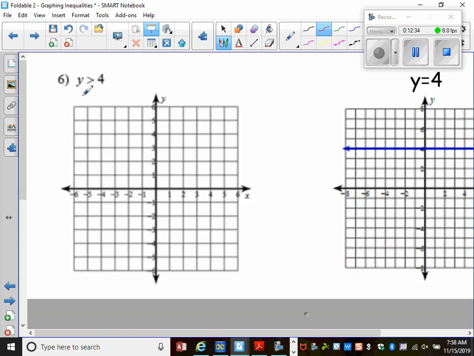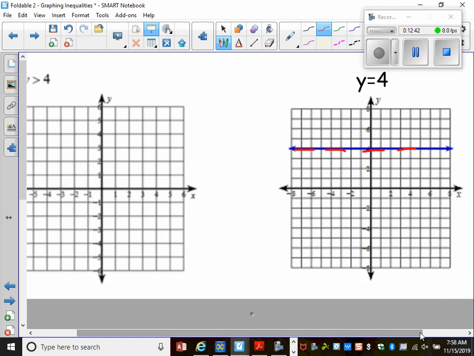And then for a horizontal line, again, this is dashed because there's no equal sign. And it's greater than, so you shade above.